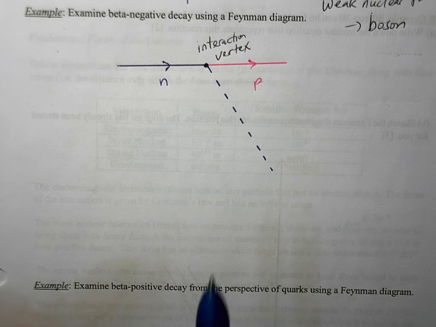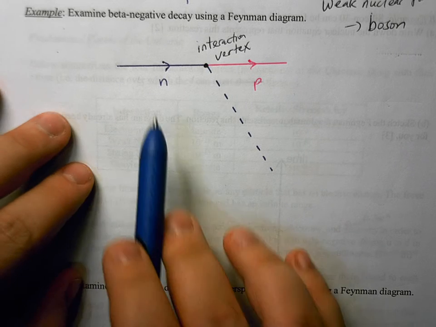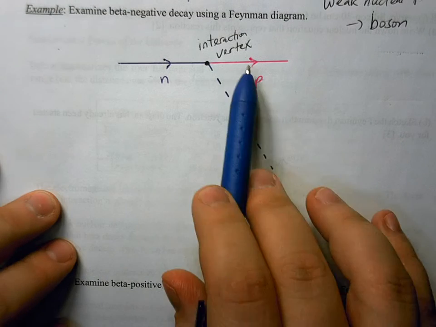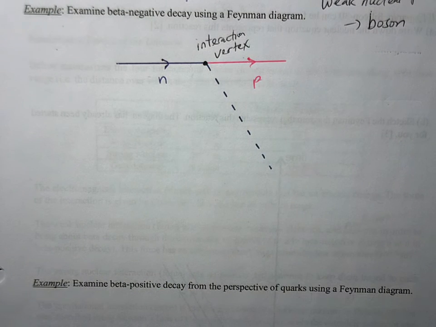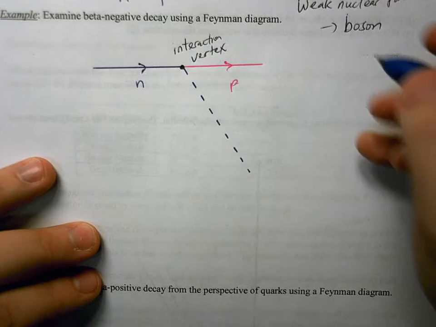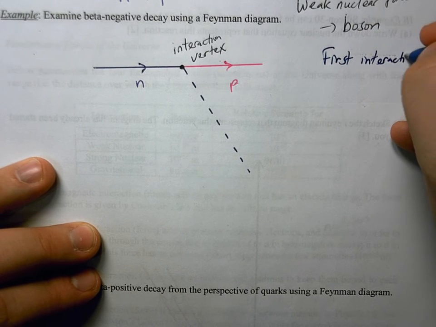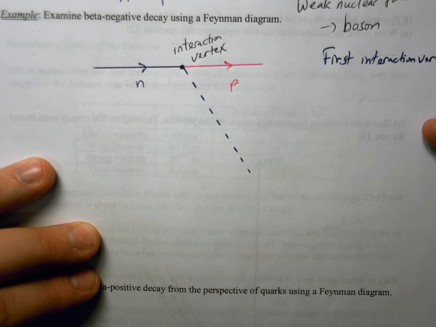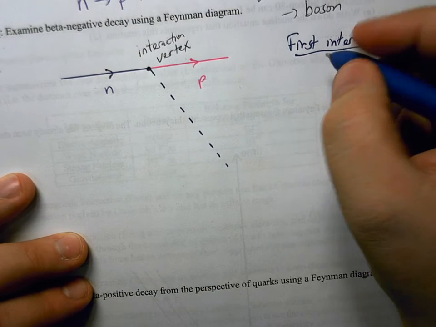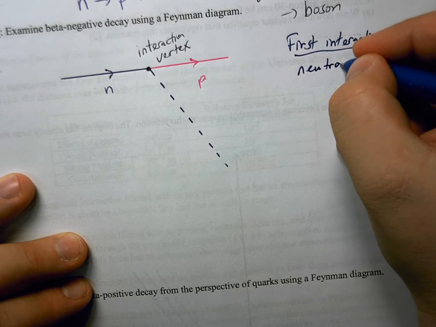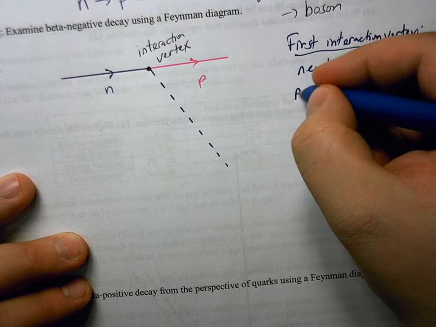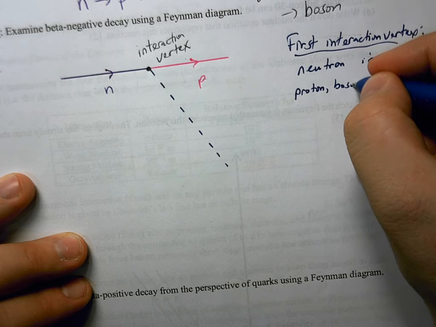Now, at this interaction vertex, we have a neutron coming in, and we have a proton and some type of boson going out. So at the first interaction vertex, we have a neutron going in, we have a proton and a boson going out.